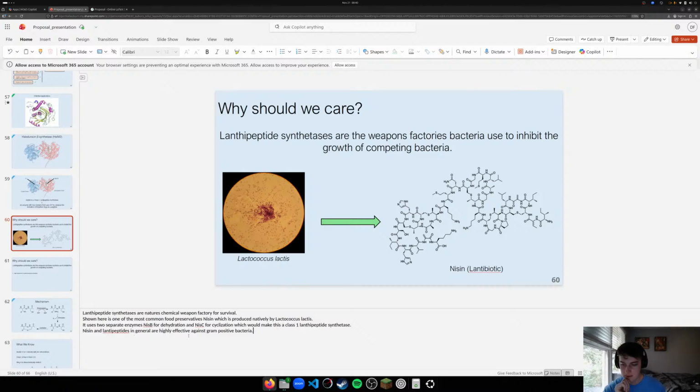Nisin and lanthipeptides in general are highly effective against gram-positive bacteria, making them promising natural products for exploration.